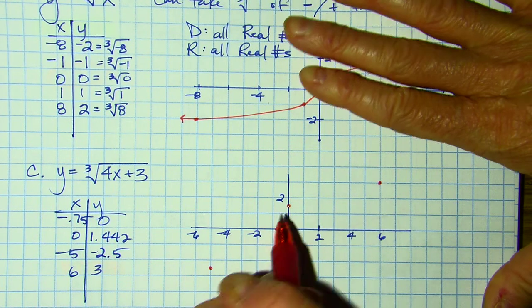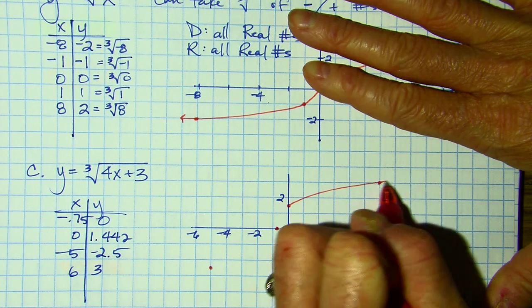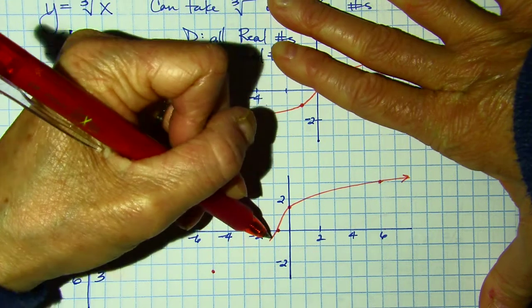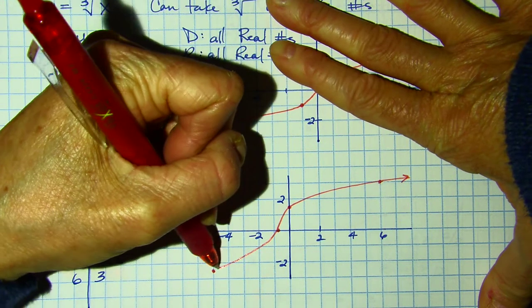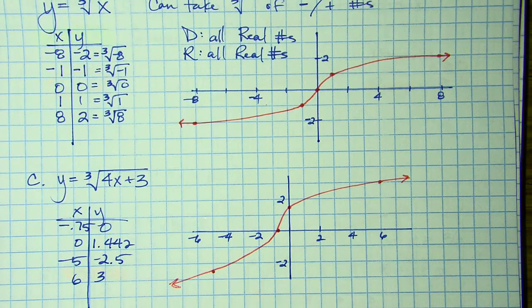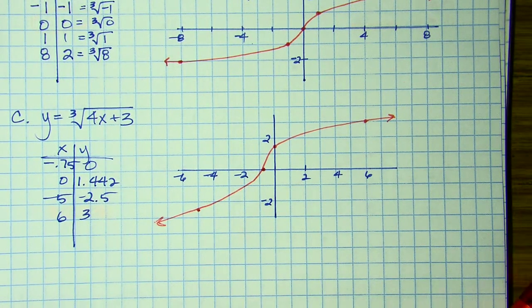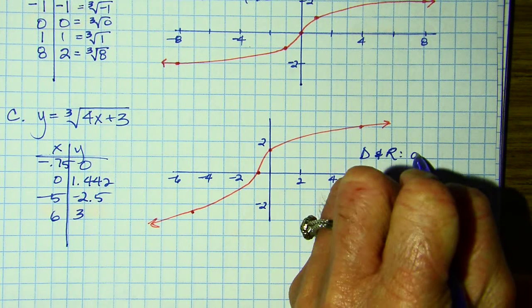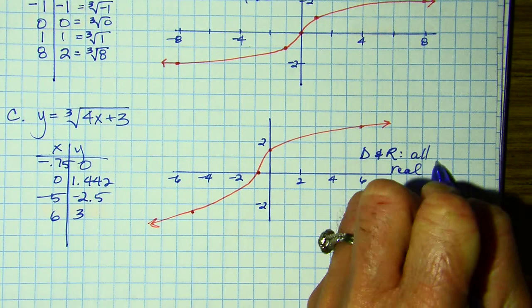And so if you know the shape, it helps us graph our functions. Either way, know that domain and range is all real numbers.